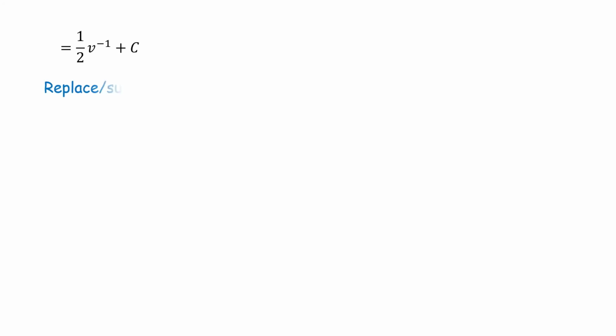Continuing, we need to substitute back the variables. Remember, v was our cosine u. So 1/2 v to the minus 1 plus c will be 1/2 cosine to the negative 1 of u plus c. Let's rewrite the cosine to the negative 1 with no negative exponent.